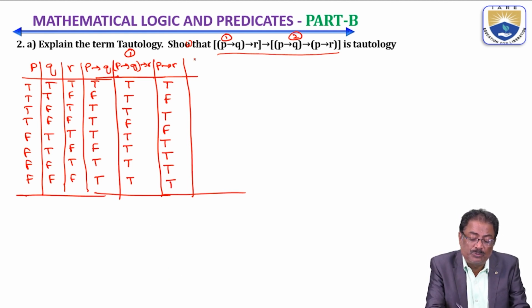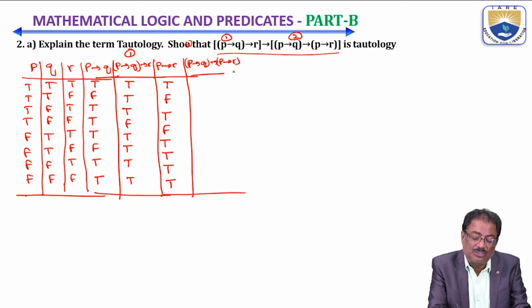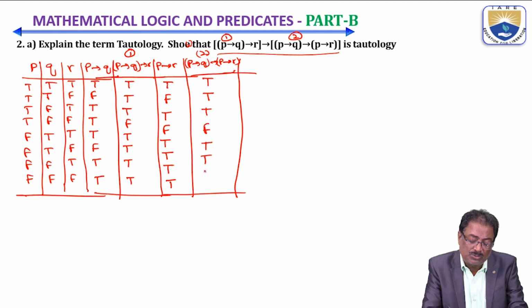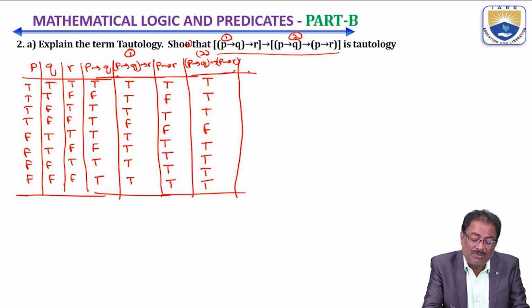Now P to Q, then P to R. So this is a 2, this is a 2. So P to Q, then it is true, then it is also true, then the third one is true, then the fourth one is false, then all are true. 1, 2, 3, 4. Then once again, 1 implies 2.